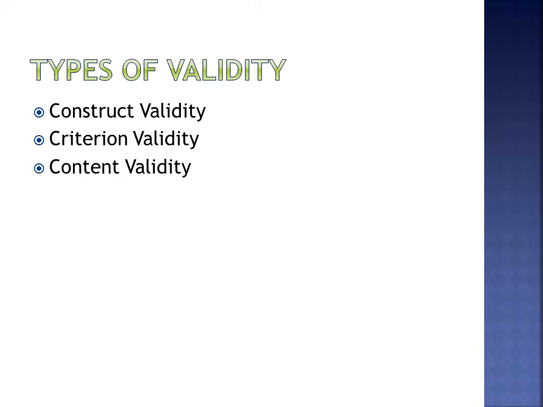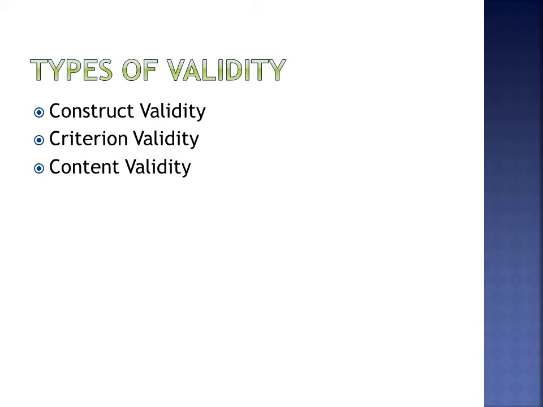When we say construct, this is the one that we are actually measuring. For example, intelligence. So this is the construct, something that we intend to measure, all right? Or the main purpose of the test, or the main variable that we are trying to measure. That is the construct. Now, criterion is the criteria of the construct, meaning what are the criteria of intelligence? Like my example a while ago, intelligence, right? So the criterion would be the criteria of intelligence.